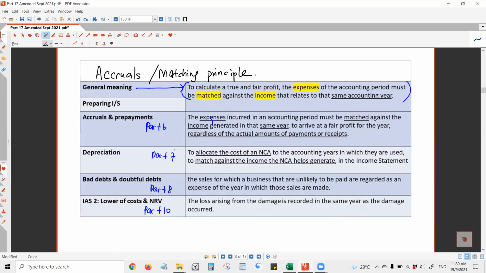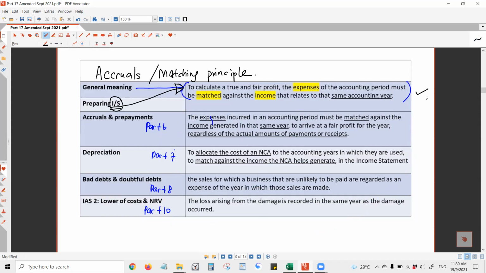Just now I told you that if they ask you for the general meaning of accrual principle, you give them this line as the answer. If they ask you how is preparing income statement an application of accrual principle, your answer would be the same. It happens to be the same.